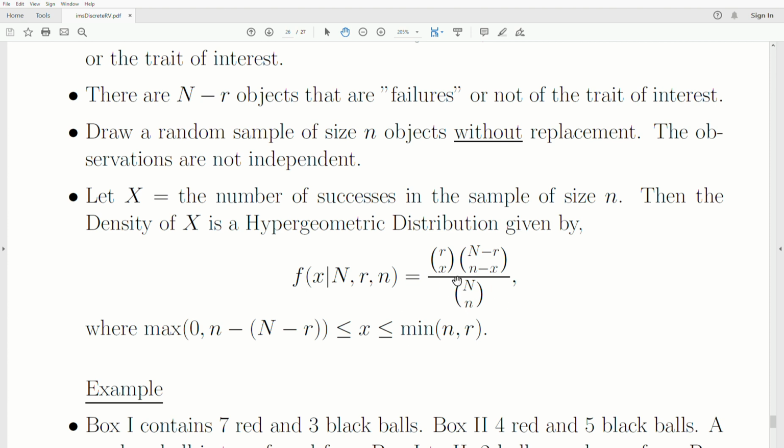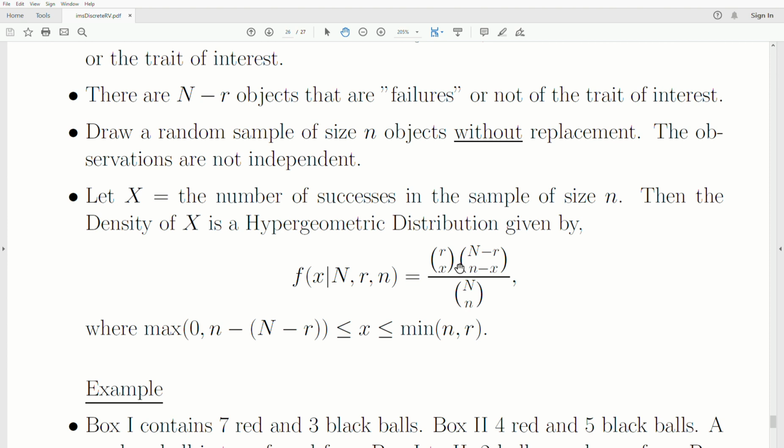We have a big box or a big bag with these two different traits in it. Now, you'd think the number of successes X could be from 0 to whatever our sample size is, but it's not. If the population is small, we have just a few successes and just a few failures, and our sample is bigger than either of those, not combined, then that's not possible.